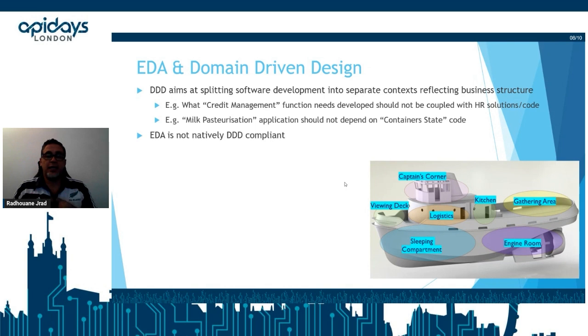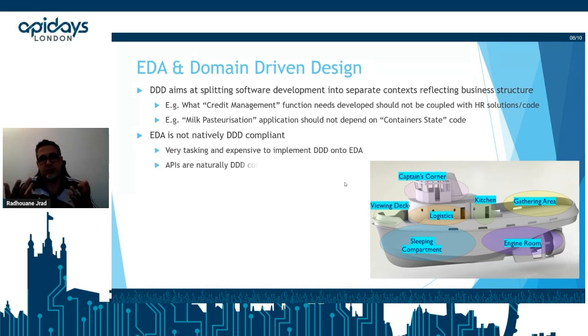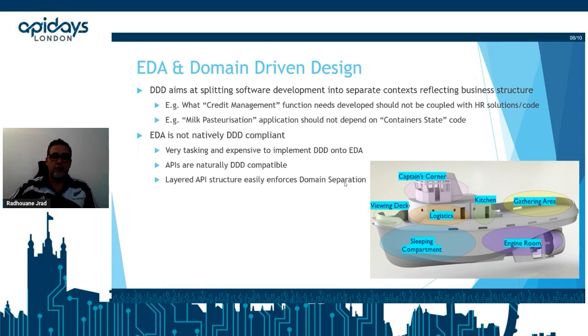Now, EDA is not DDD compliant because it doesn't understand the concept. However, APIs, by nature, are compatible with domain separations. So you can use APIs, and I have implemented this in large companies, to make your code domain-driven design compatible and very efficient.